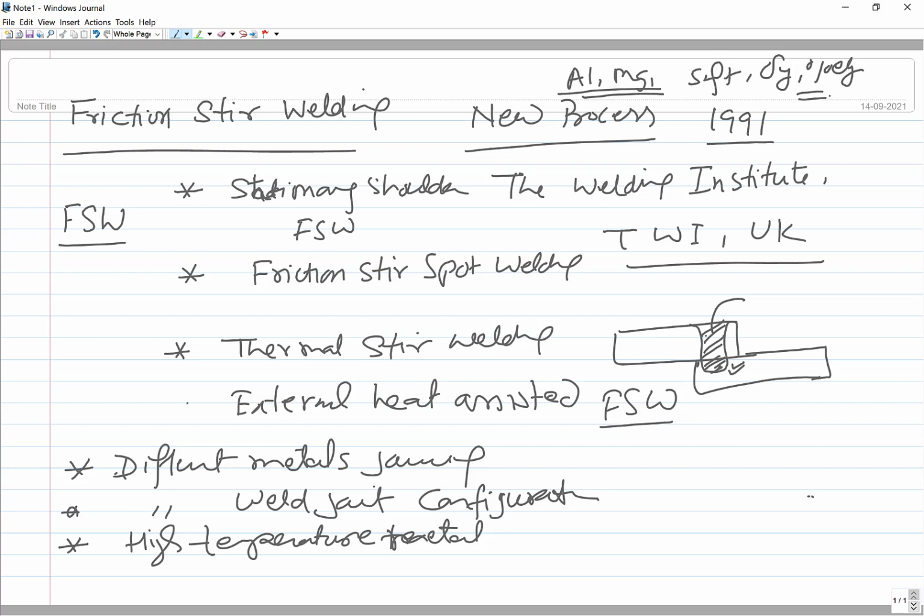But when you talk of high temperature metals like steel, titanium, cobalt, super alloys, they will require much more robust systems and much better control over the conditions, because you have to deform metals which are of high yield strengths or very low ductility.